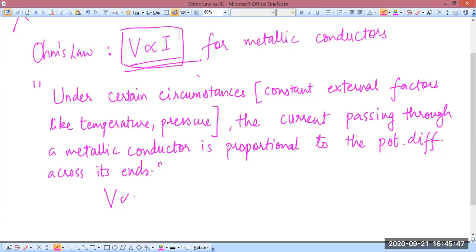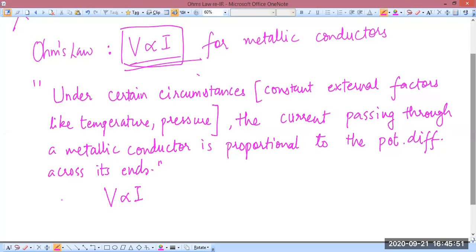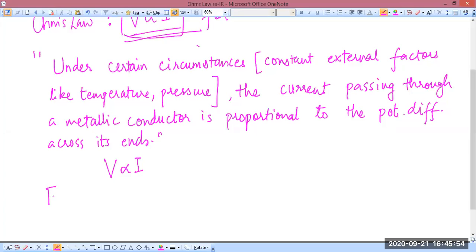Okay, now let me make it very clear that this law is empirical. What is the meaning of empirical? I think I have told you many times.